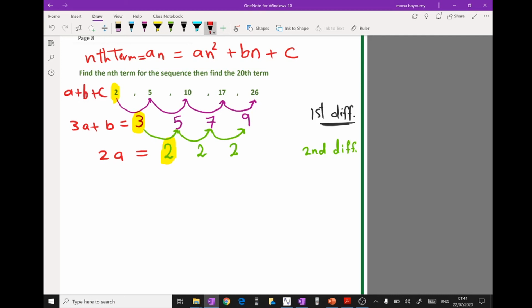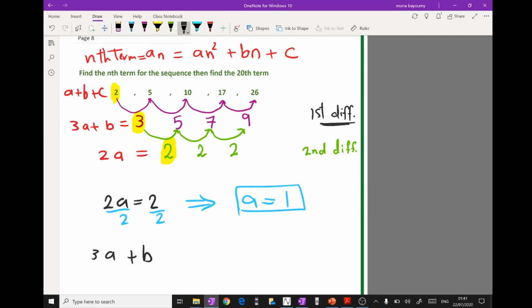Now solve the three equations. Always you have to start from the last one. 2a equals 2. I will divide both sides by 2 to find the value of a. 2 divided by 2 is 1. Now the second equation, which is 3a plus b equals 3.